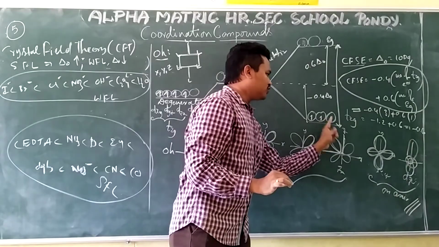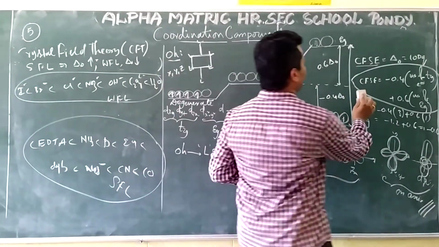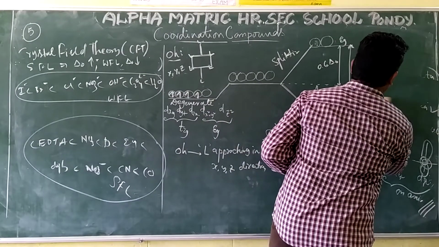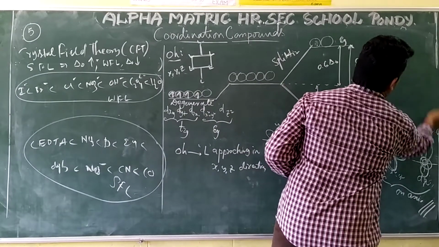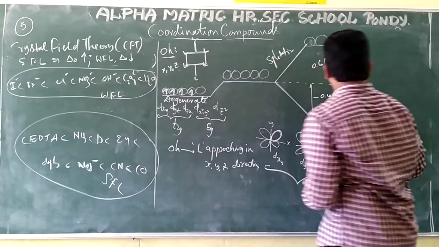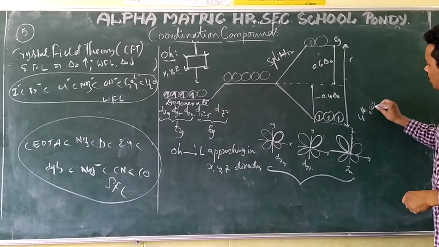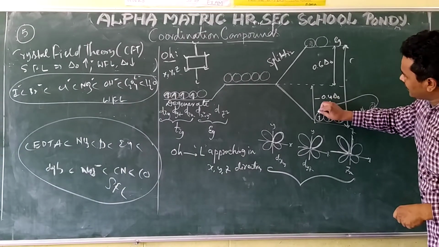What is the position of the 4th electron? Where will this 4th electron go? It is going and pairing here.